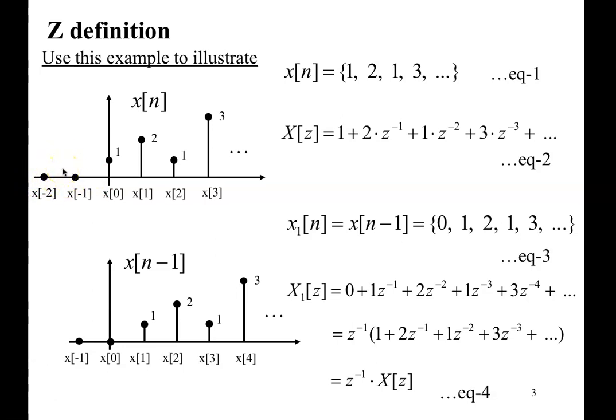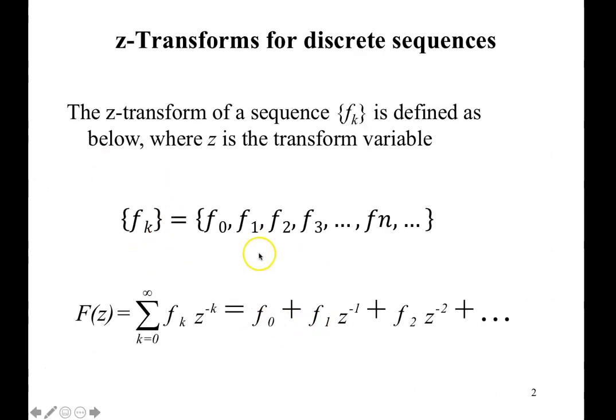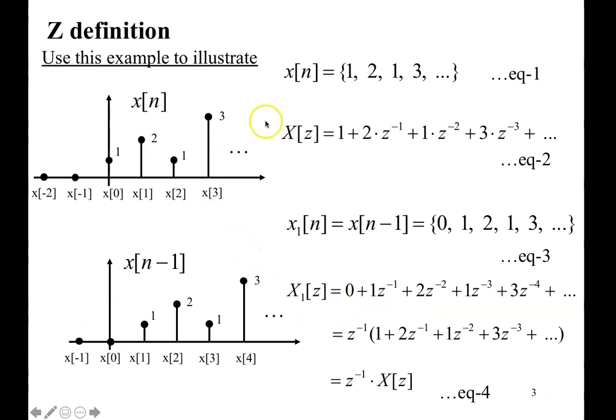If I apply the definition of the z-transform to that particular sequence, the first number is multiplied by z to the power of 0, which is 1. This number 2 is multiplied by z to the minus 1. This number is multiplied by z to the minus 2.